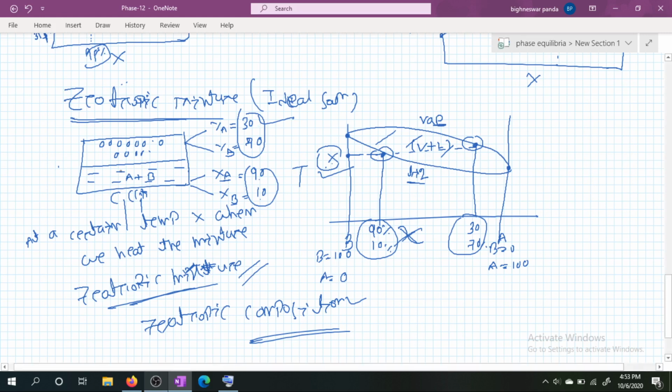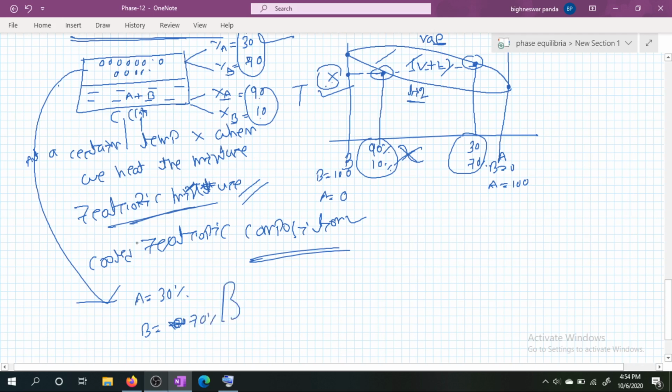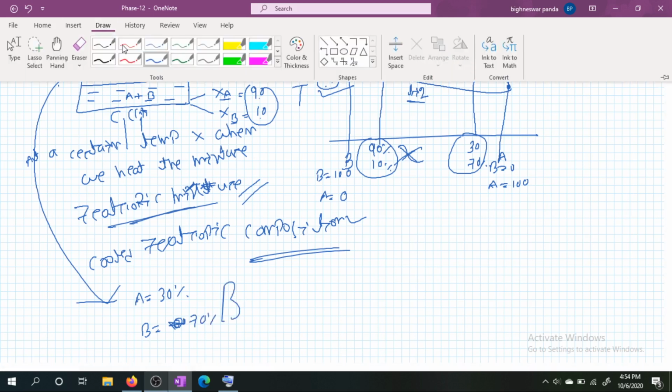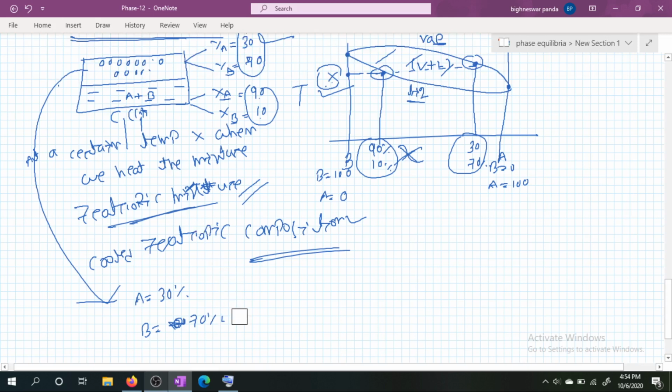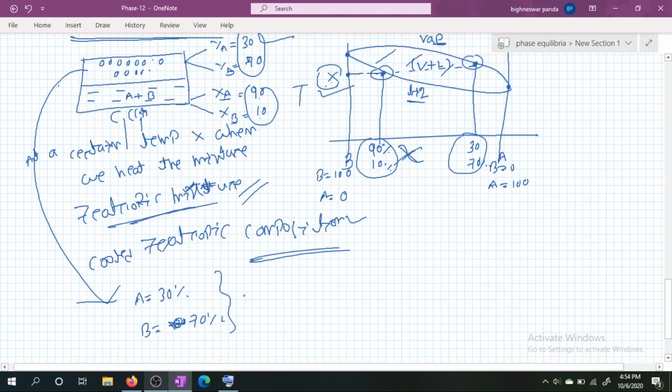So consider this vapor when we cool this composition 30-70. That means here A is present in 30% and B is present in 70%. This is the vapor when we cooled.